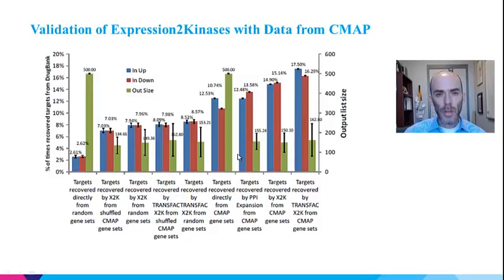However, if you use the Expression2Kinases pipeline, you can go all the way up to 17.5% of the time recovering the correct drug target. And this is without playing around with the various settings. Just using the default settings in Expression2Kinases, we show that you can potentially recover the correct pathways more accurately.